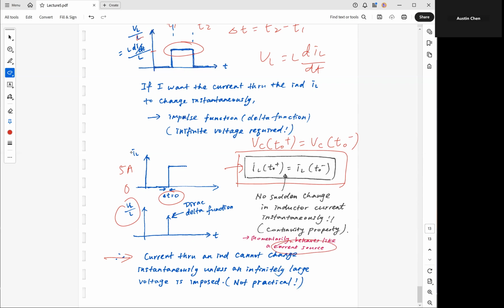That kind of makes sense because now we are really looking at the iL, the inductor current. The inductor current right at this moment has to be equal to the inductor current at this moment. So at that very instant of time, momentarily, it behaves just like a current source, following this continuity.